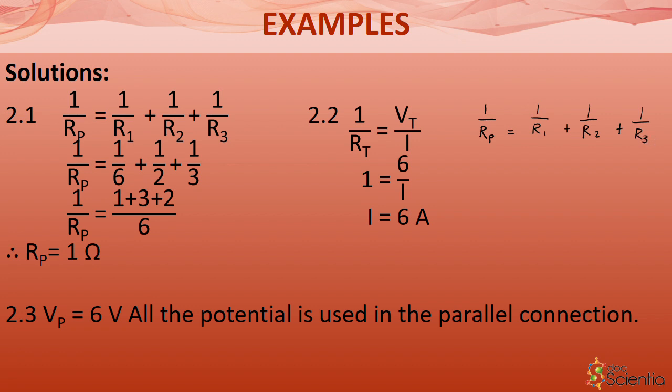Sien julle dat alles insluitend die linkerkant is 1 op 'n waarde. The left-hand side is also 1 over RP. So once you have substituted those in, you can't just say is gelyk aan op jou sakrekenaar en dan is jy by die antwoord. Because the answer you get is still 1 over the value that you are looking for. Nee?